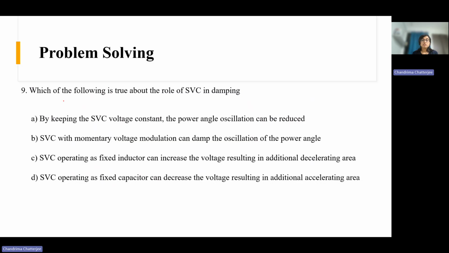The next question. Which of the following is true about the role of SVC in damping? Now, one of the advantages of SVC is it can provide damping. So, from the swing equation, you can understand that there are some oscillations in the power system, right?